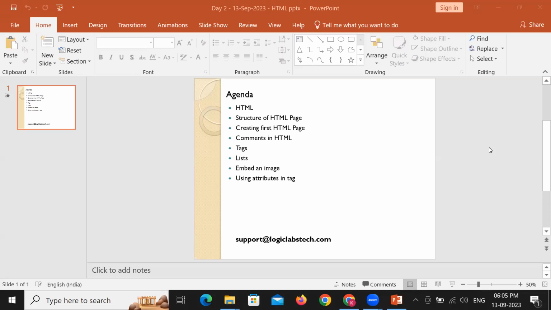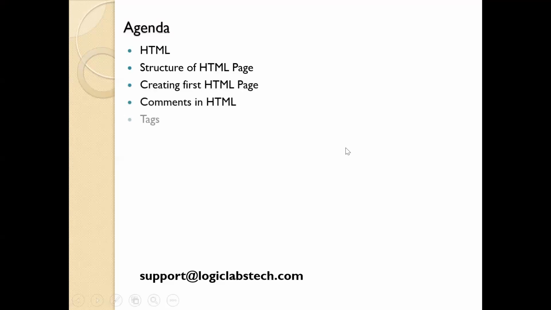Out of all these topics, the most important building block of a UI technology is HTML code. Using HTML, we'll be developing HTML pages. A website is nothing but a combination of HTML pages.